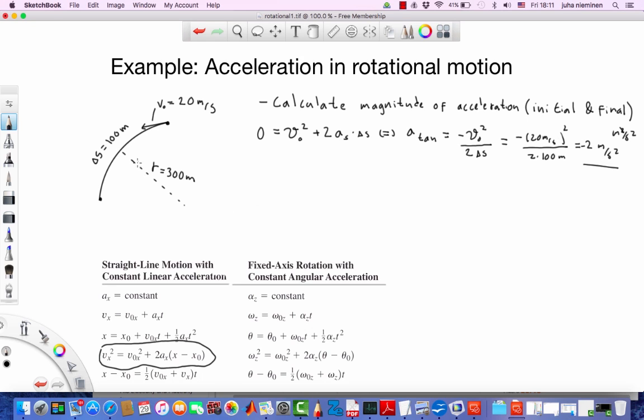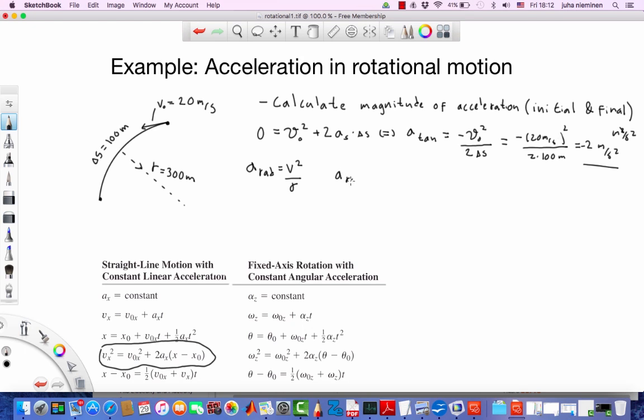What about the radial direction then? The expression for the radial acceleration is v squared divided by r. And now we see that this changes because it's a function of velocity that goes from 20 meters per second to 0. So let's have two values, initial and final.